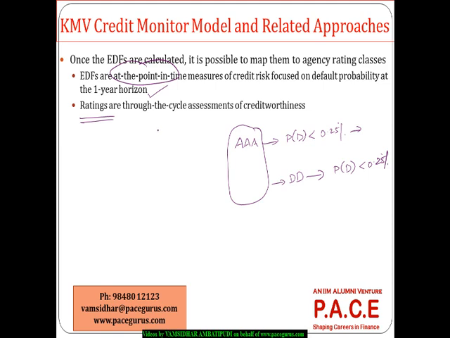So they may not be comparing apples to apples. That's where people typically criticize that you can't use the EDFs obtained from this KMV model for rating agency mapping. But still, conceptually, you can very well understand the same kind of concept.